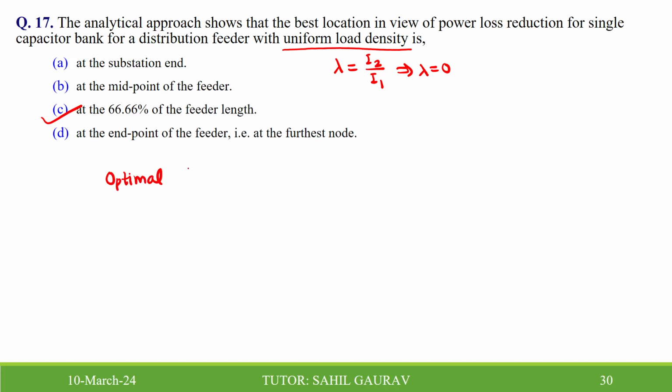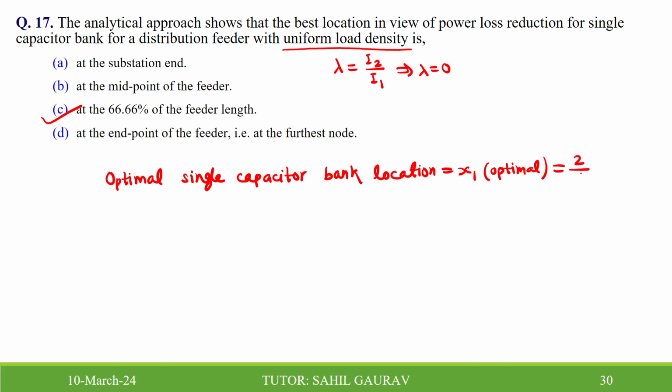We know that the optimal single capacitor bank location x1 optimal will be 2/3 into 1 upon 1 minus lambda.